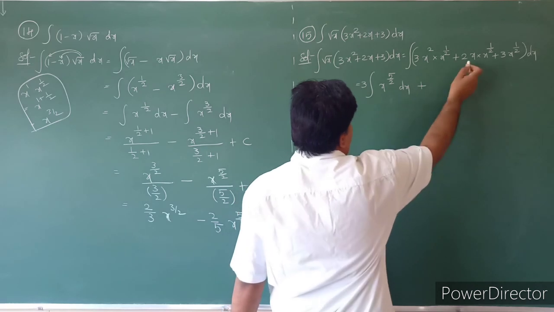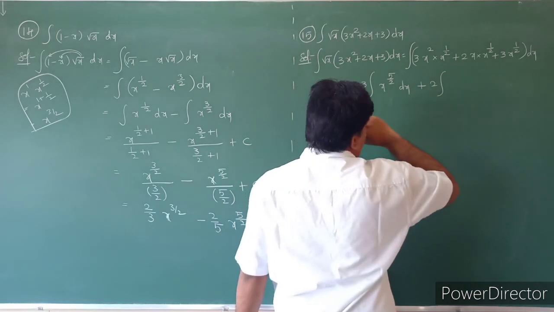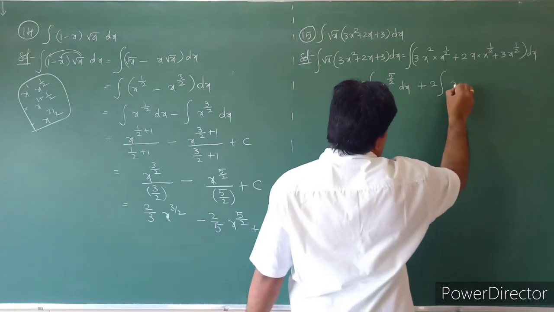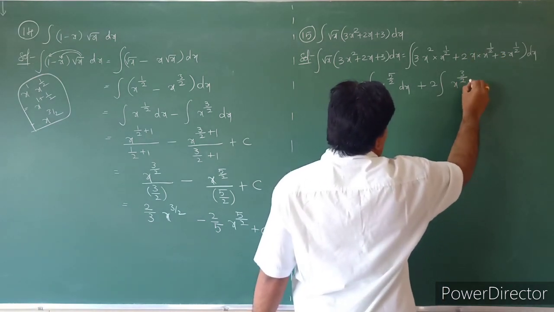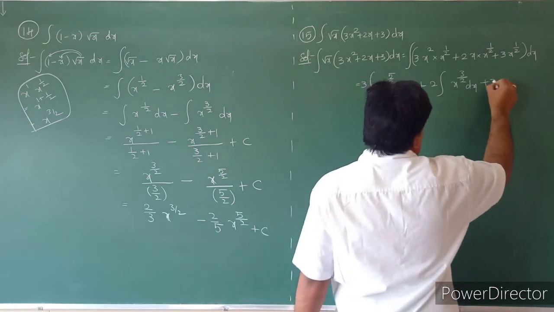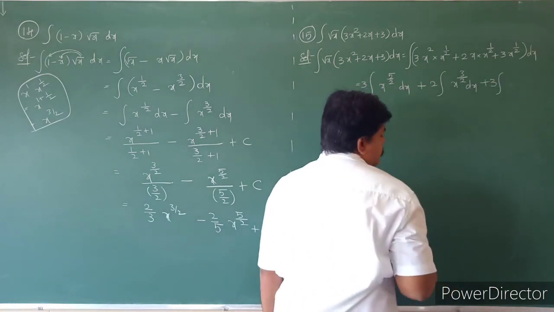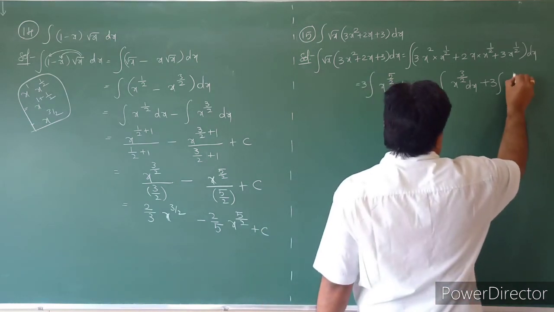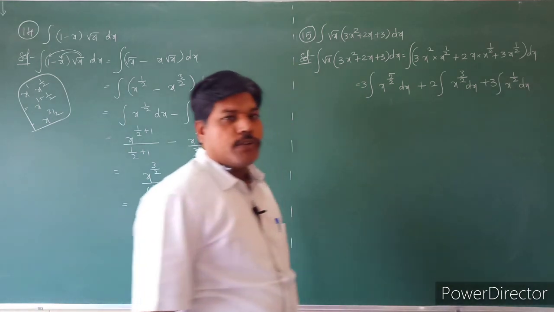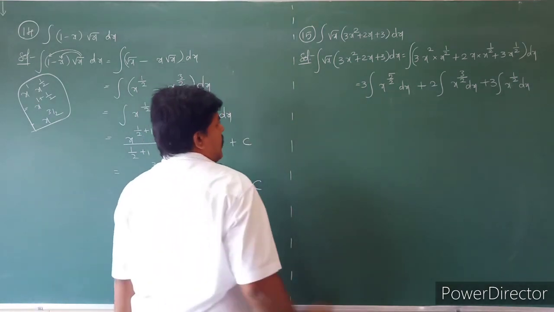Plus 2 into integral of x power 1 by 2, 1 plus 1 by 2 is 3 by 2, into dx, plus 3 into integral of x power 1 by 2 into dx. So what happens?